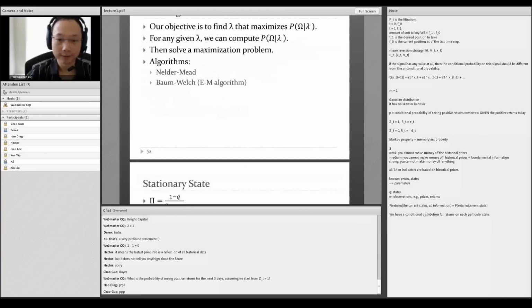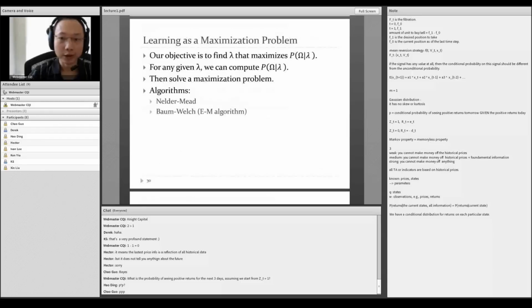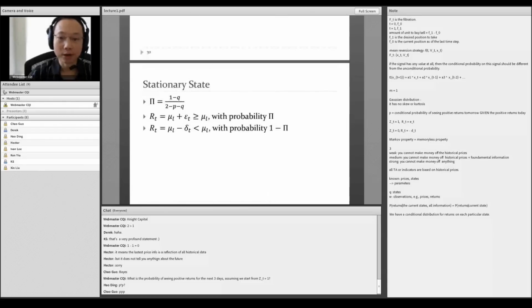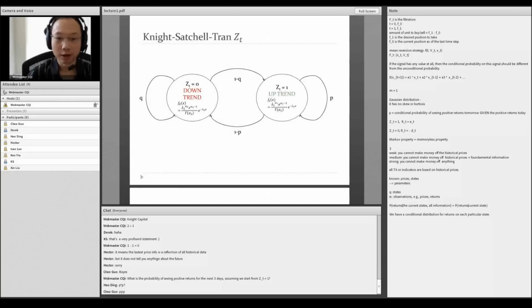For example, another question that you can ask after you do this estimation, after you find out the big lambda, the parameter set, is the stationary probability for the states. A stationary probability means assuming that you have been in this Markov chain long enough: up state, down state, up state, down state, up state. At t going to infinity, at any time you take a peek at the Markov chain, you want to know the probability of being in the up state and the down state.